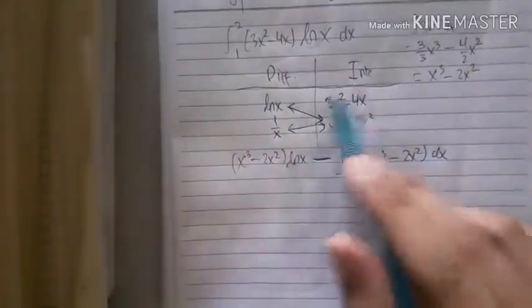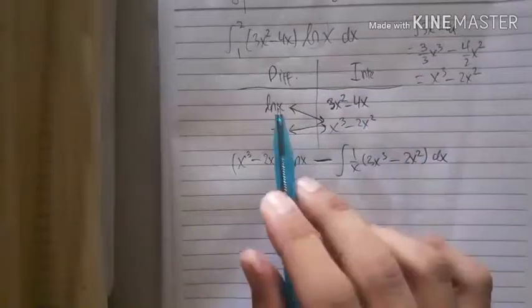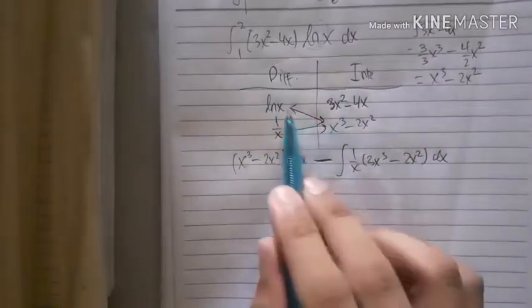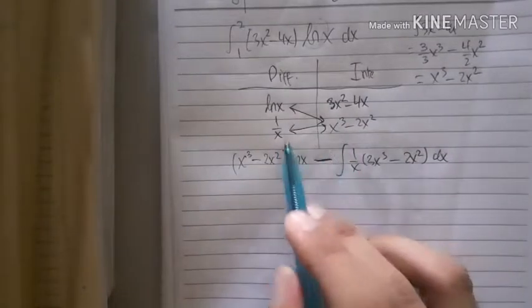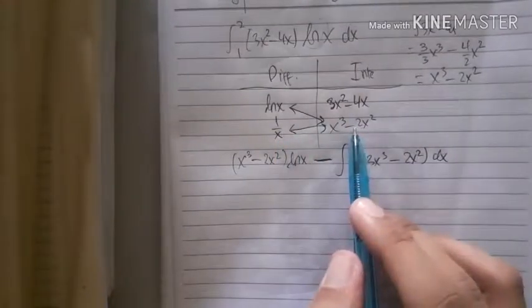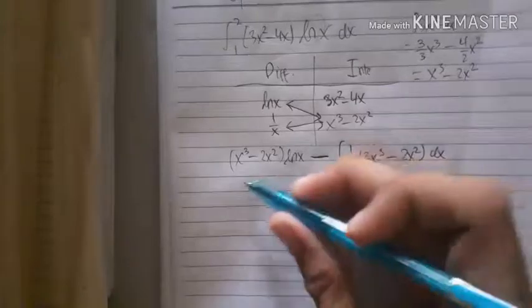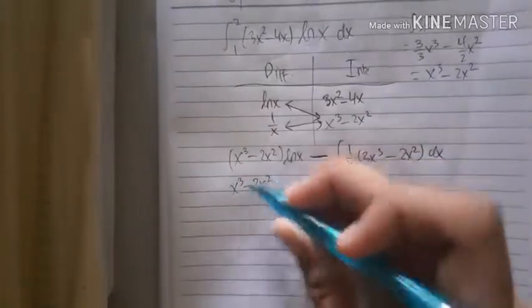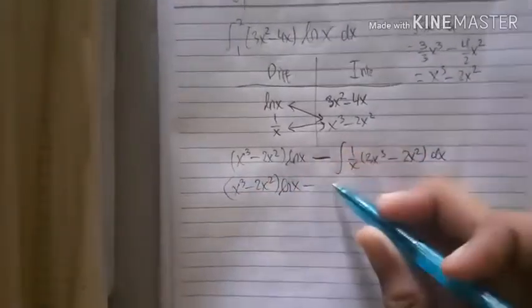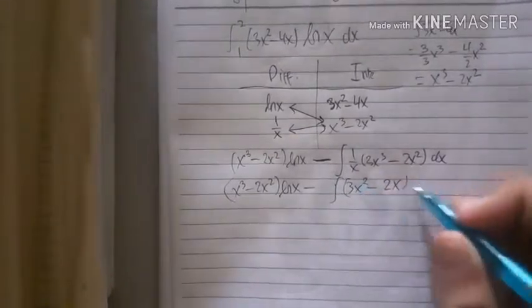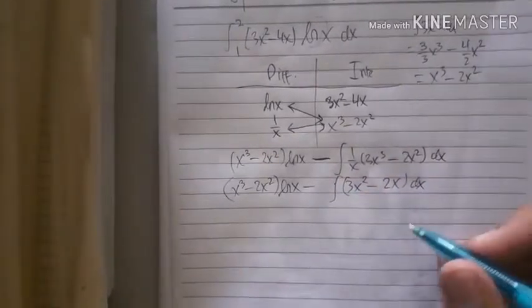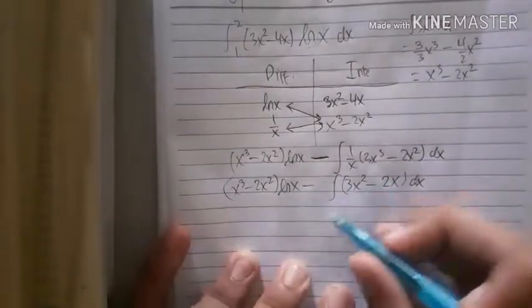Just be careful with this DI table. You multiply directly, and you minus the integral of this multiplied by that. So that is for one condition. Okay, so we just calculate that, 3x squared minus 2x dx, and now we just calculate this integral.